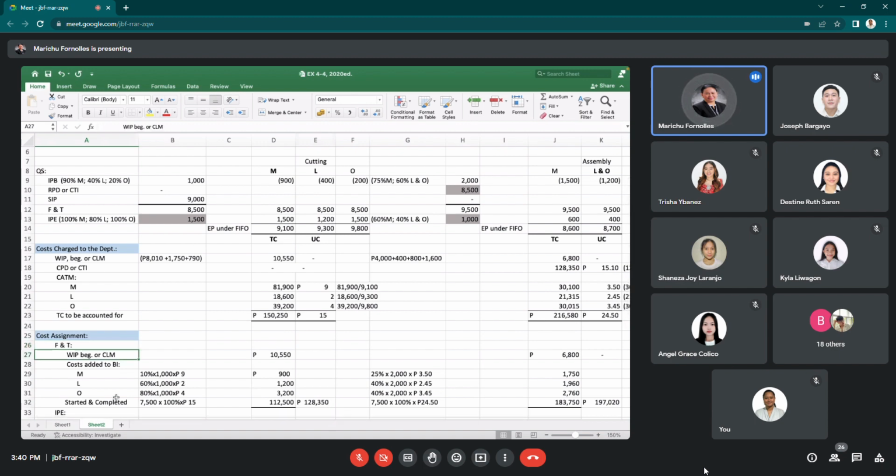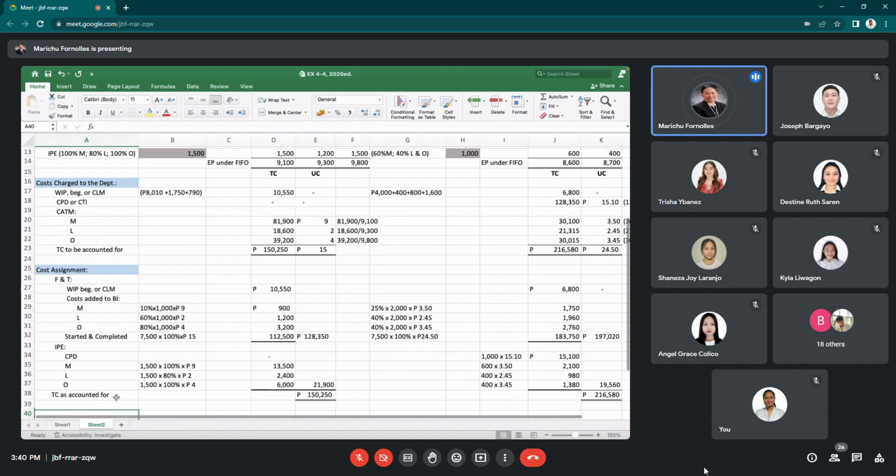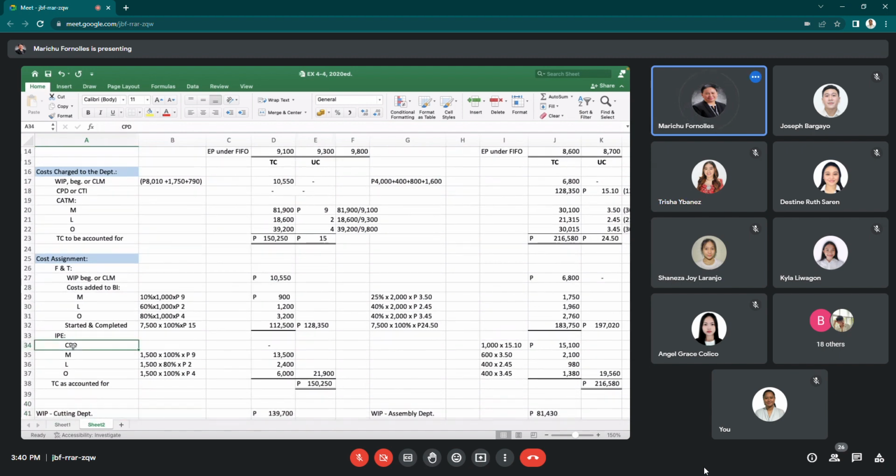So next, we will get the value of work in process and basta na ay subsequent department, the calculation of the IPA starts with CPD. But we don't have that valuation for Kating because Kating has no previous department.